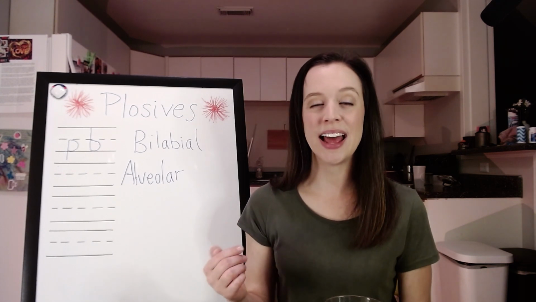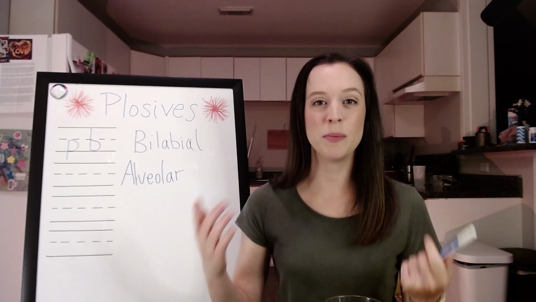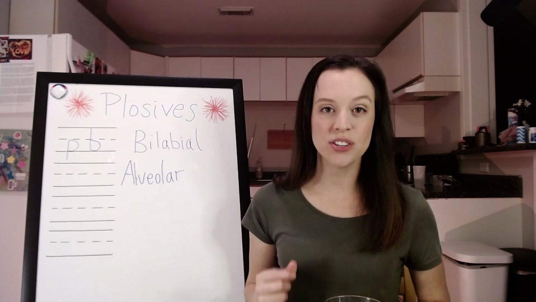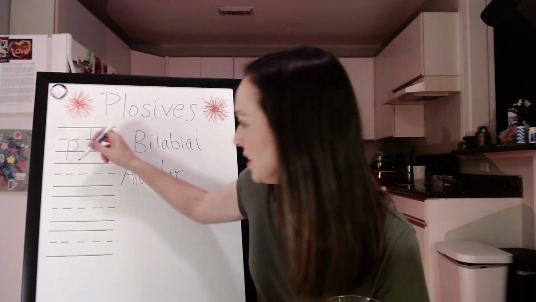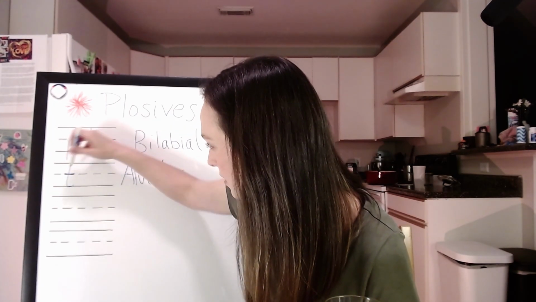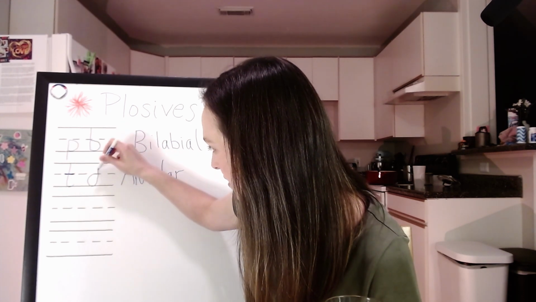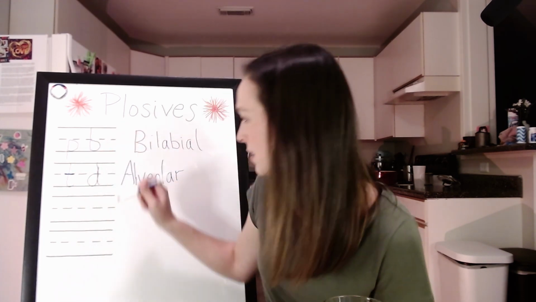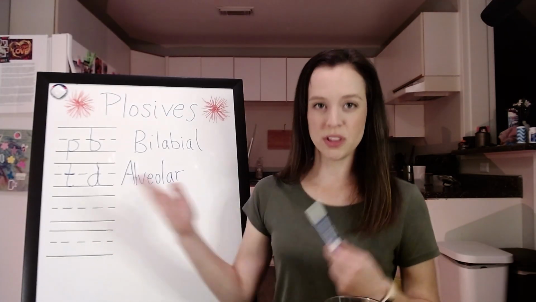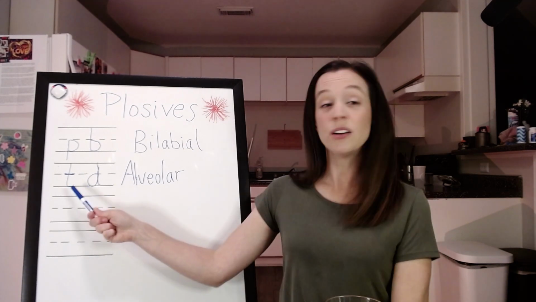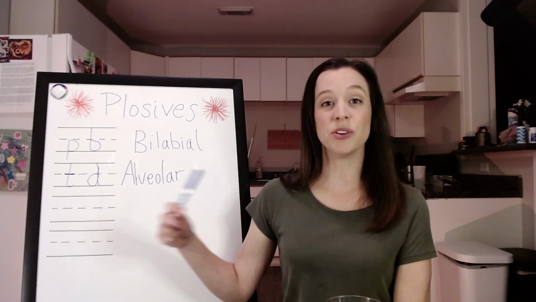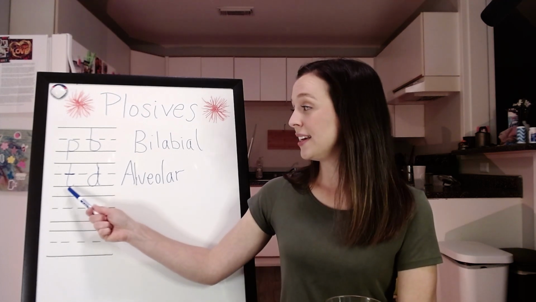T and D. It's the tip of your tongue against your alveolar ridge, and it makes the sounds T and D. They look like a T and a D. Those are the phonetic symbols. And they are also a cognate pair. So you have your voiced D and your voiceless T.